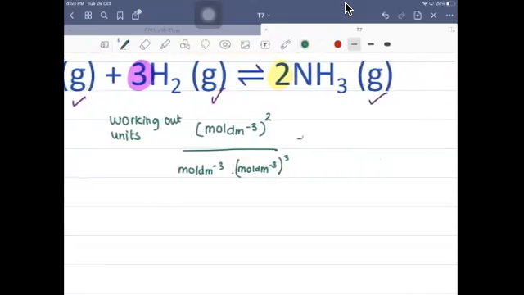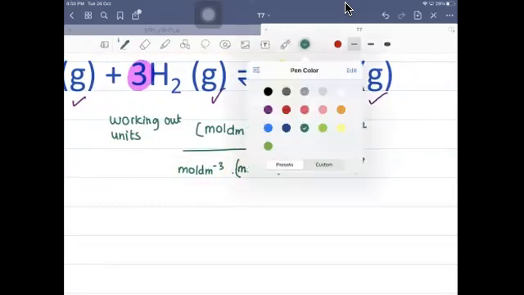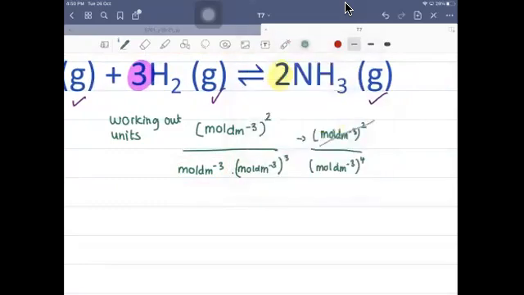If I combine them, you may be able to do this straight away, but I'm just showing you if you don't already know how to do it, okay? So mole per dm cube times 3 lots of mole per dm cube is to the power of 4. And they cancel out. 2 lots of mole per dm cube will cancel out with 2 lots of mole per dm cube at the bottom.